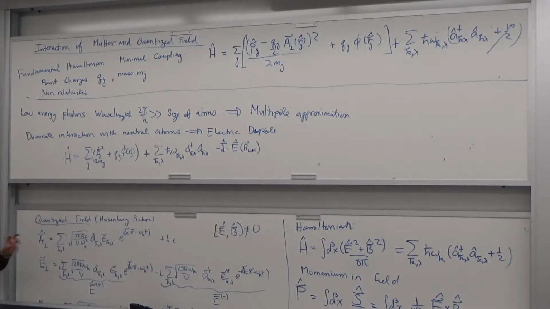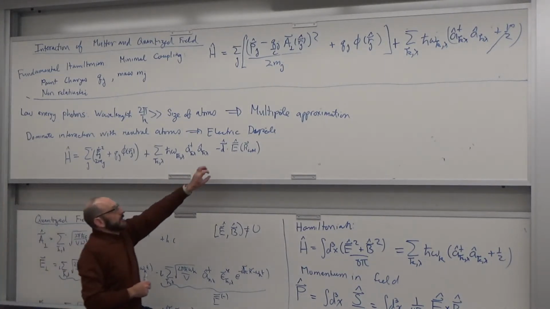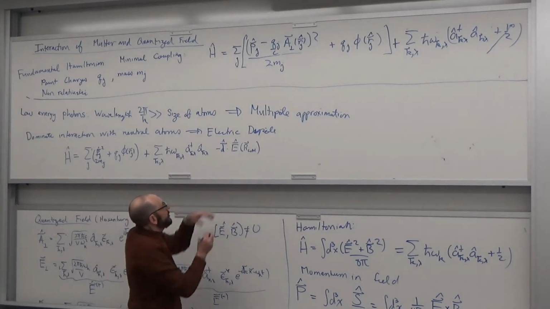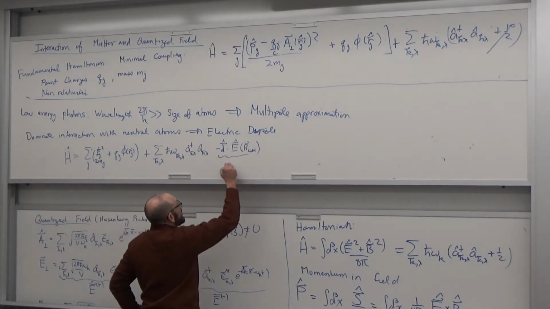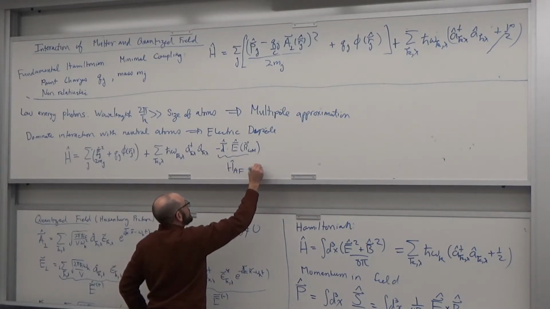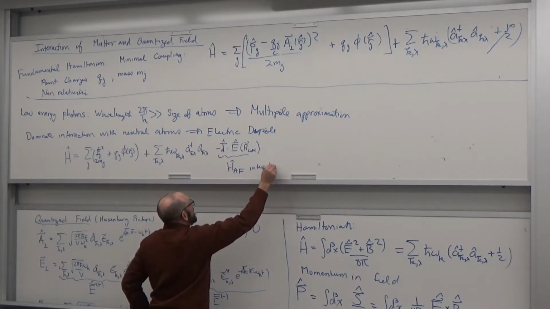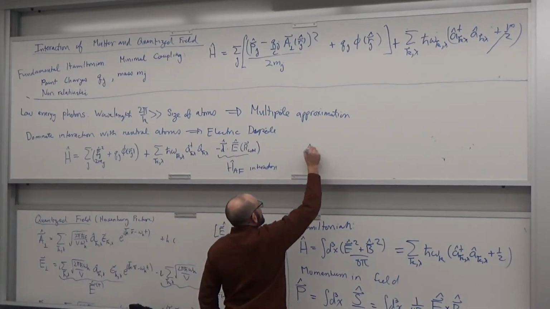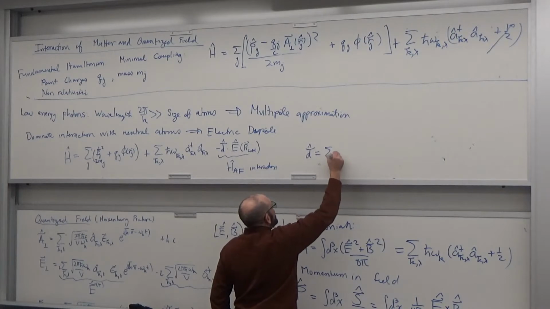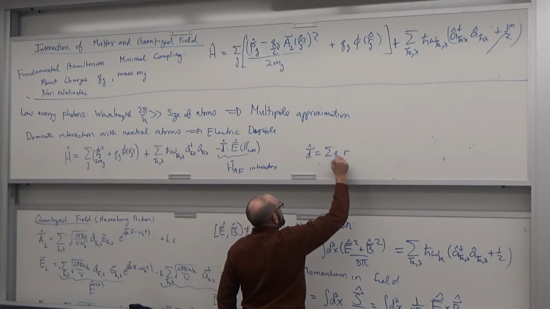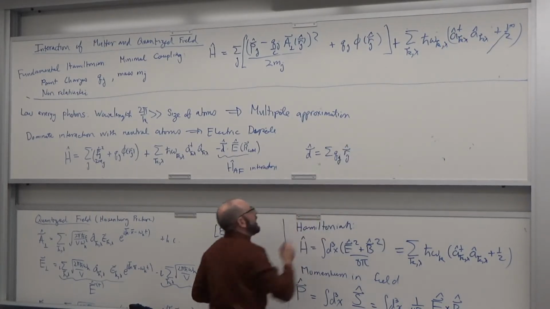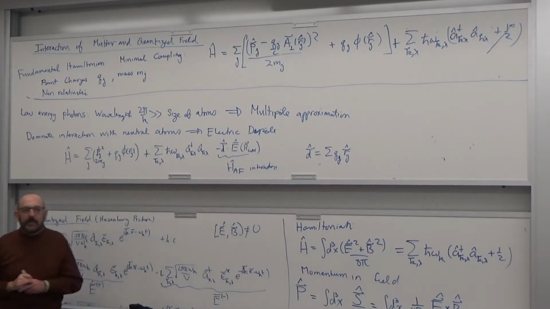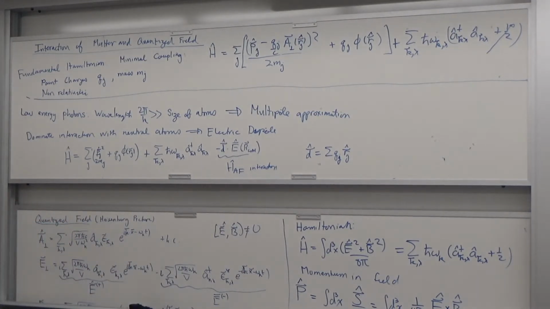In the electric dipole approximation, the interaction term, this is the atom-field interaction, involves the electric dipole, sum over the charges like that, right? That's the electric dipole operator. Where's A?